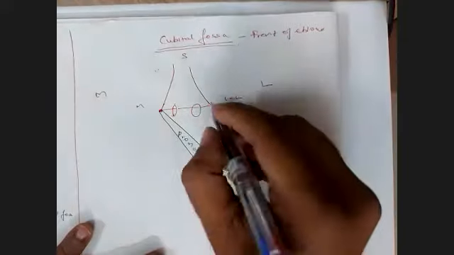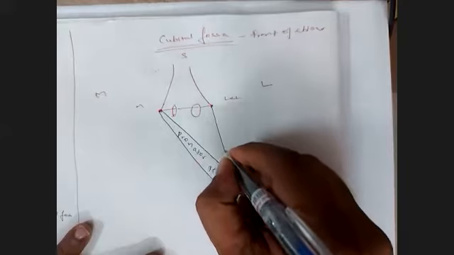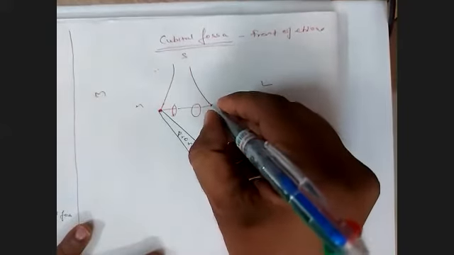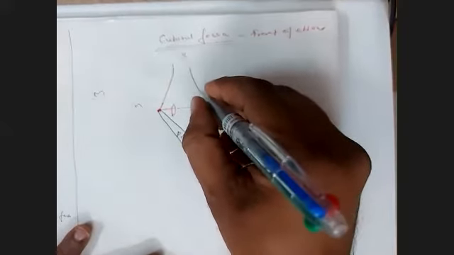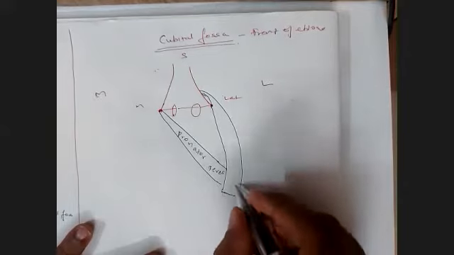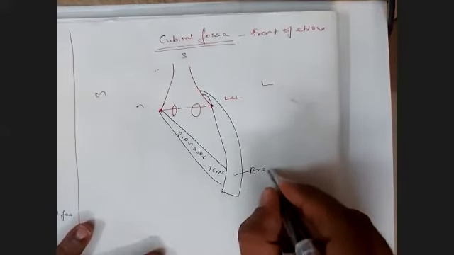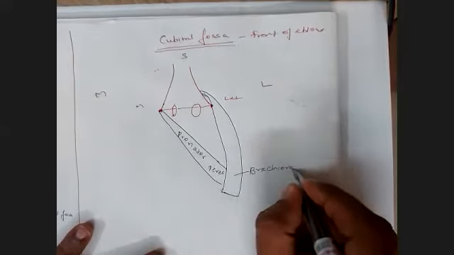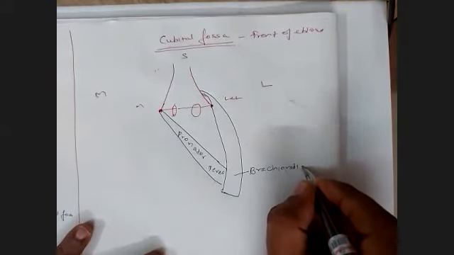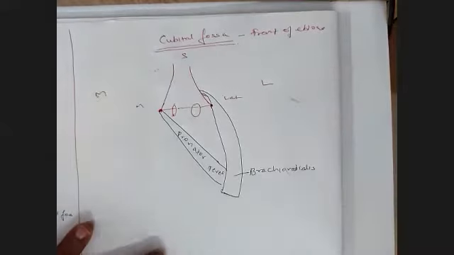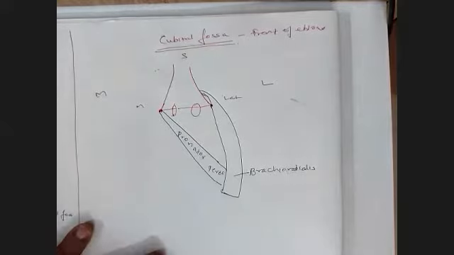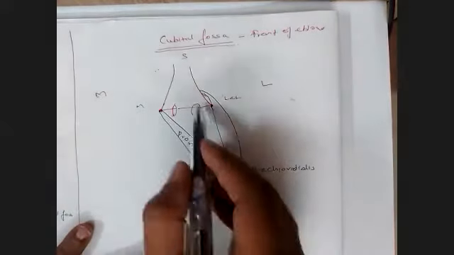And here there is another muscle, which is coming from the lateral aspect of the humerus, and it will go down, and its name is brachioradialis. So this is brachioradialis, this is pronator teres. So these are the boundaries.